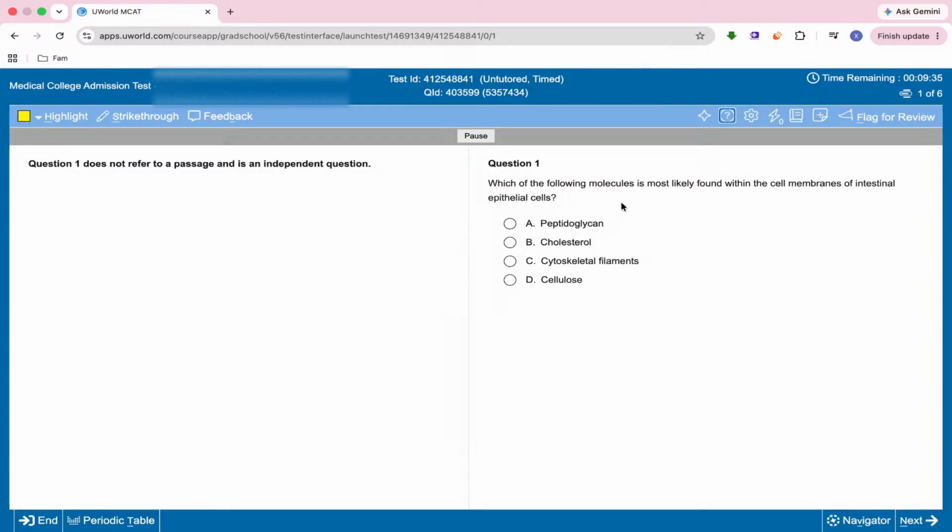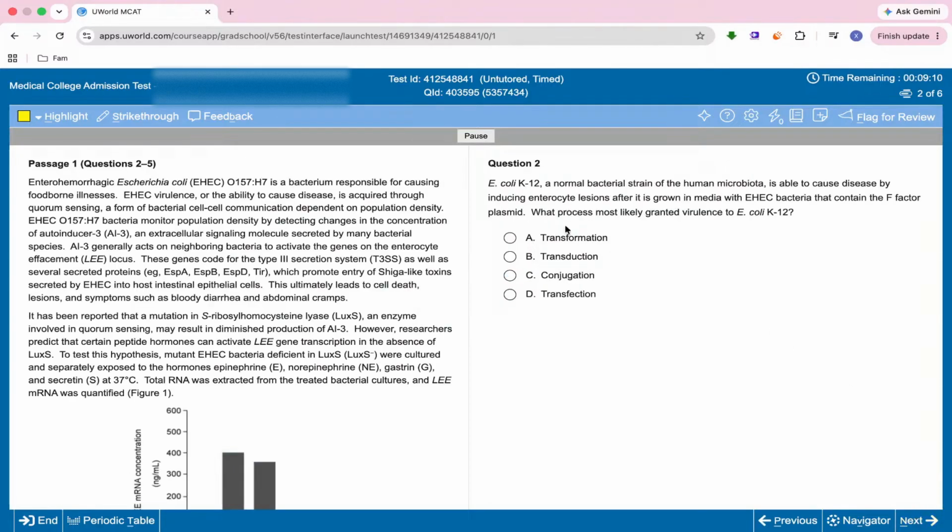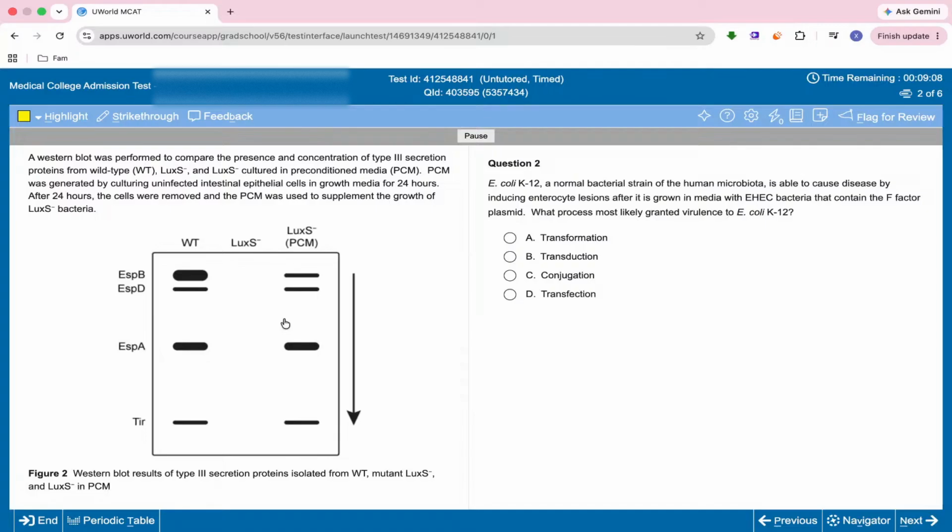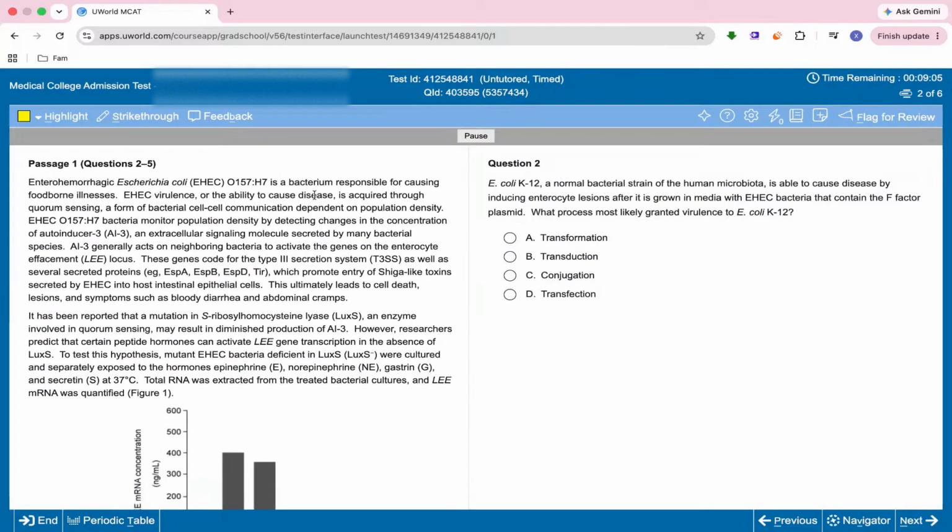Which of the following molecules is most likely found within the cell membranes of intestinal epithelial cells? Cytoskeletal filaments, that's in the cell wall. Cholesterol might be. Definitely not cellulose. It's one of these two. Which will cause disease by inducing enterocyte lesions after it is grown in media with EHEC that contain a plasmid?